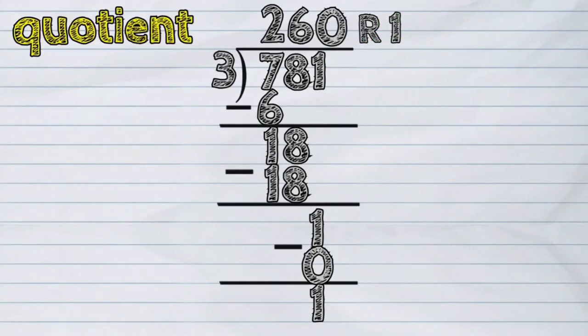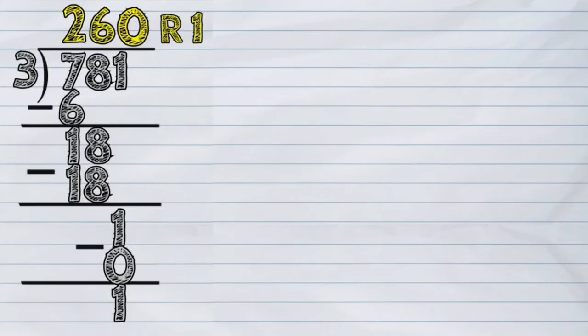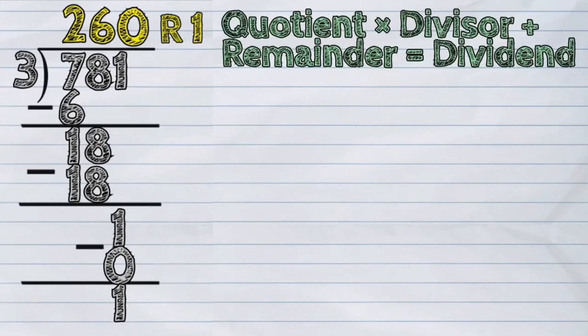Therefore, the quotient is 260, remainder 1. We can check our answer by using this formula. Quotient times divisor plus remainder is equal to dividend.